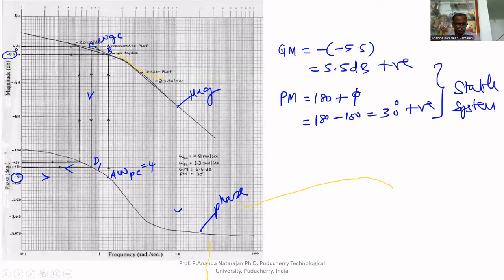First part is over. What is the first question? Using Bode plot, find gain margin, phase margin, gain crossover frequency and phase crossover frequency. The phase crossover frequency here equal to 1.3 radians per second.